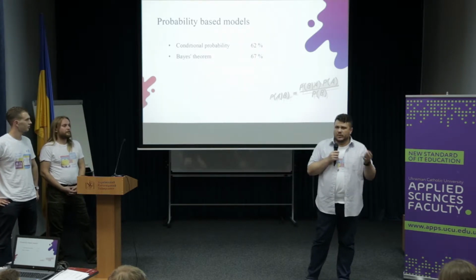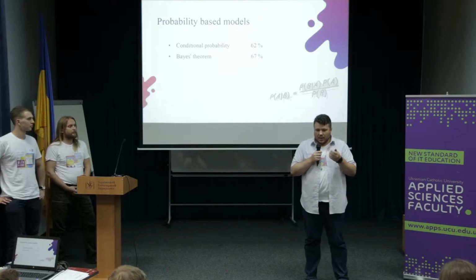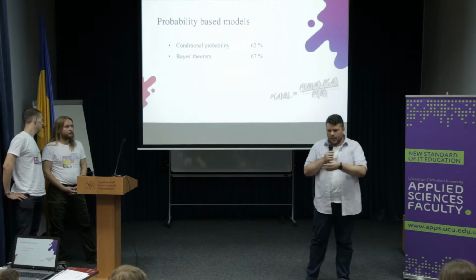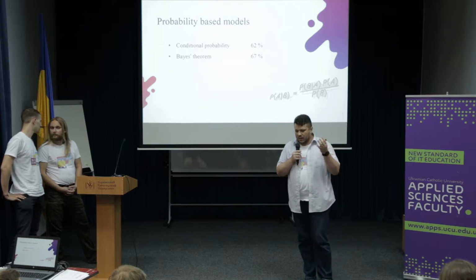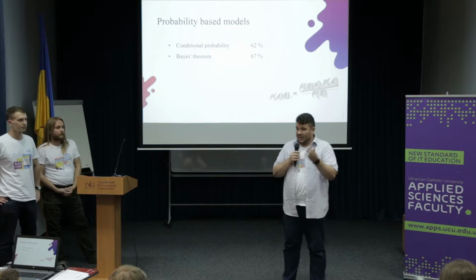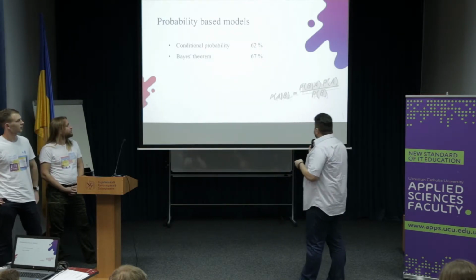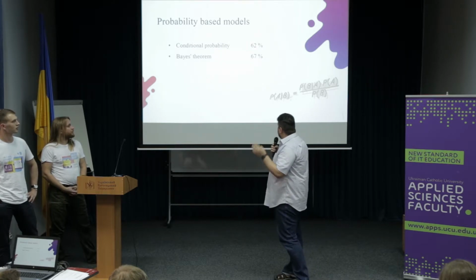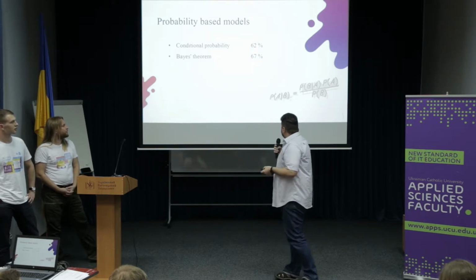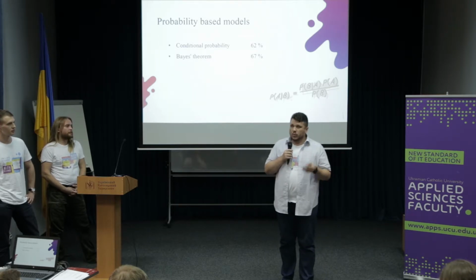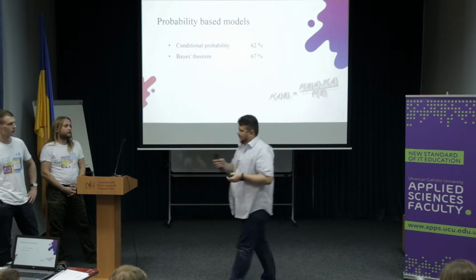It's obviously not enough, because if you compare a single pair and only have to answer left or right, any random generator will give you at least 50%. If we implement Bayes' theorem, we get a little bit more, about 67%. Obviously, it's still not enough. We need to go deeper.